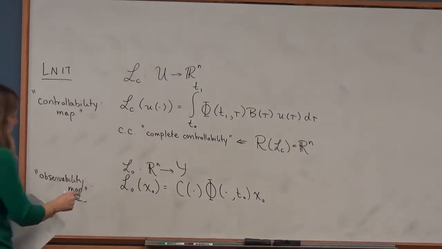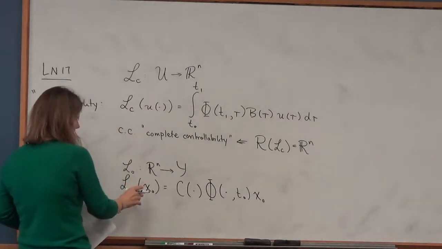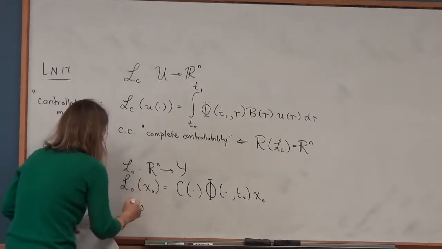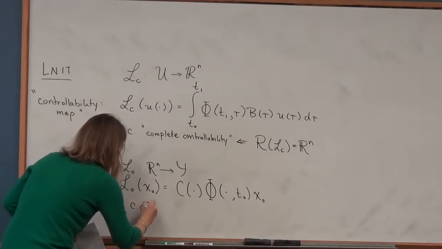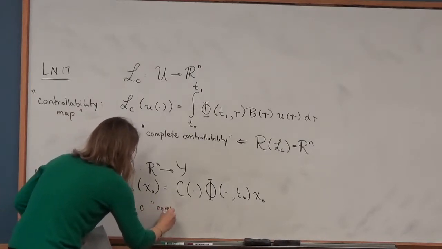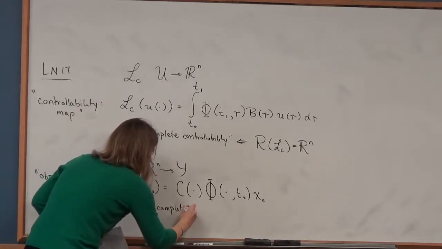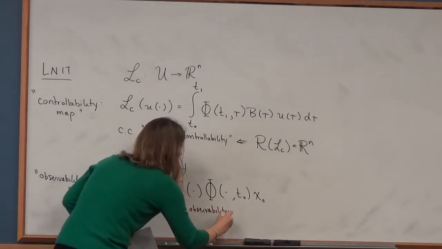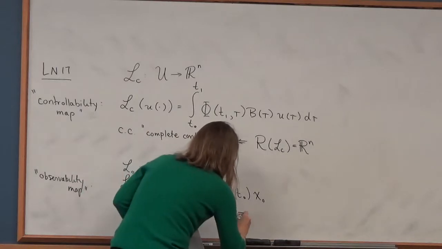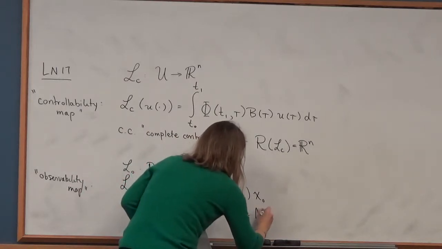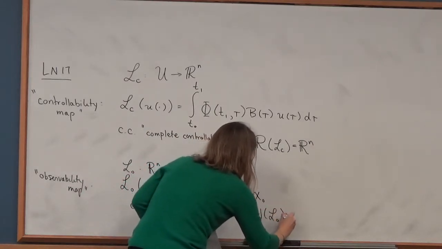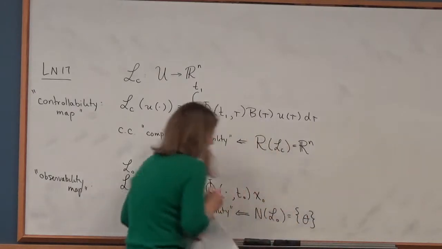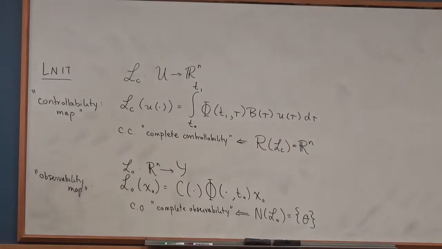And so then injectivity of the response function is the same as injectivity of this map LO. So complete observability, or CO, happens when the null space of this map LO is equal to just the zero vector.